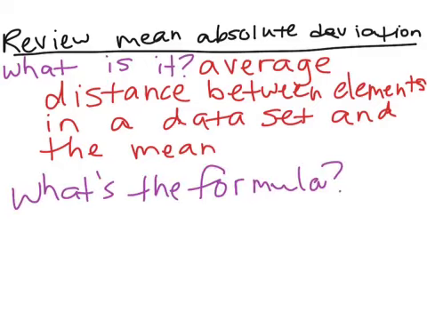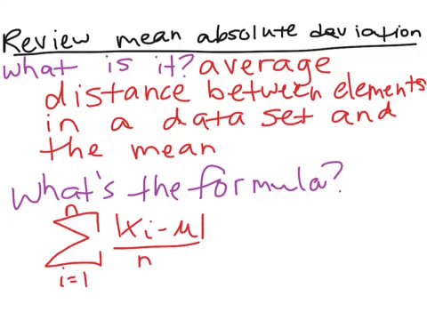There is a formula for it, but you don't really have to get all caught up on what it is except for the process on how you do it. So again, what is the formula? We have this summation formula, and what this big uppercase sigma means is you're finding the sum, because when you're finding the mean absolute deviation, you have to add a whole bunch of things together.